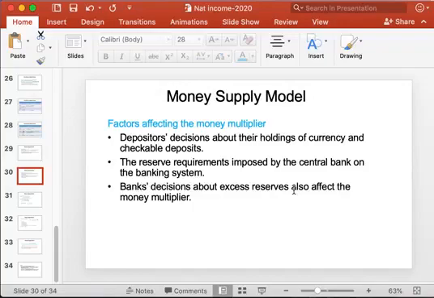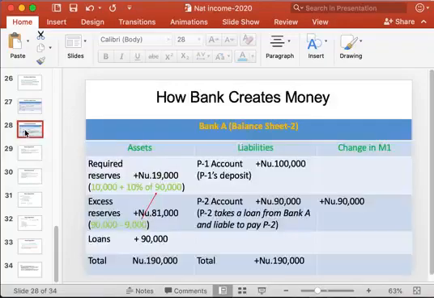Then there will be a change in the money supply, as you saw in this example, because the money deposited by person P1 provided an excess reserve of 90,000 Newton.